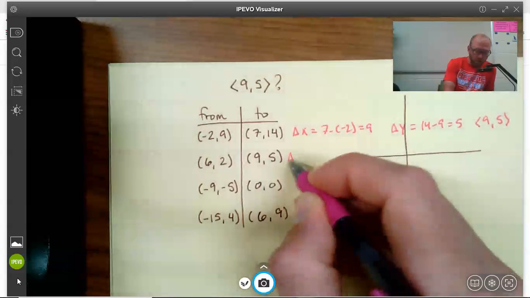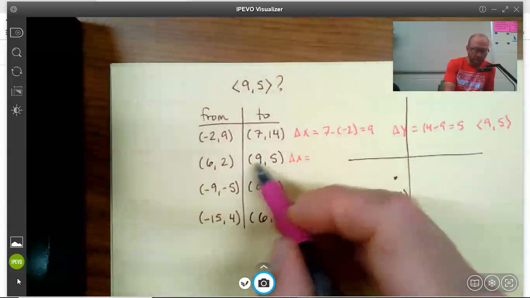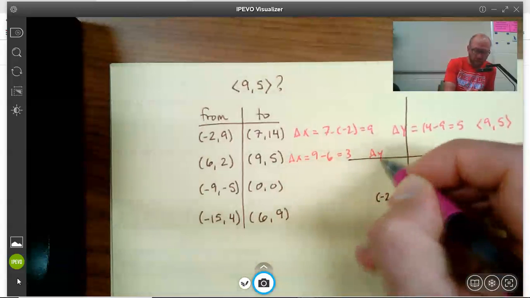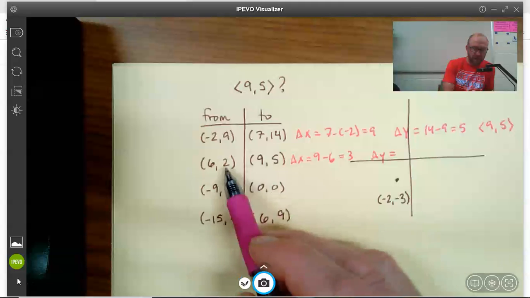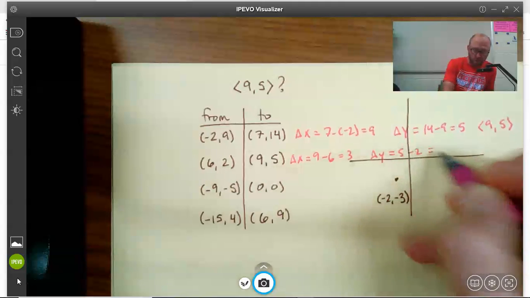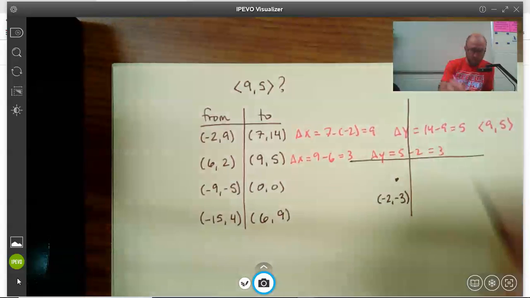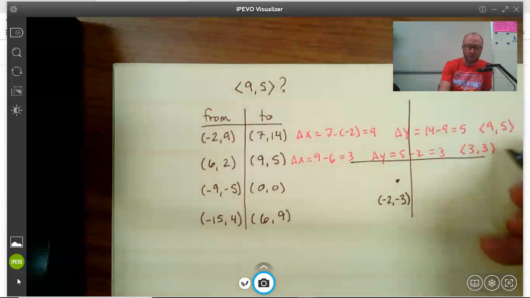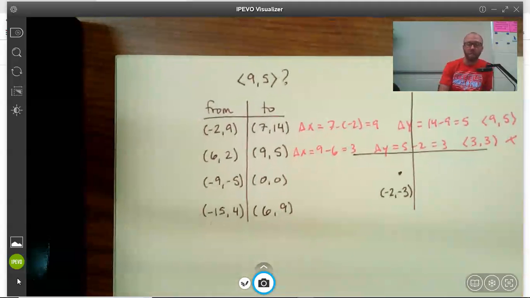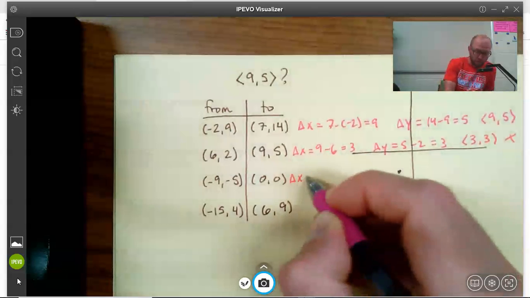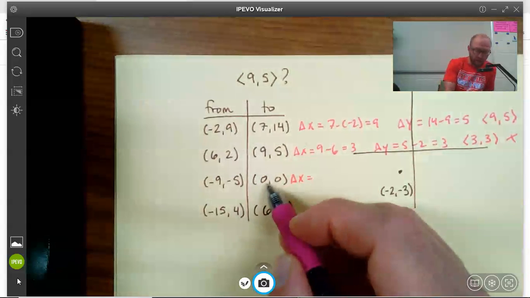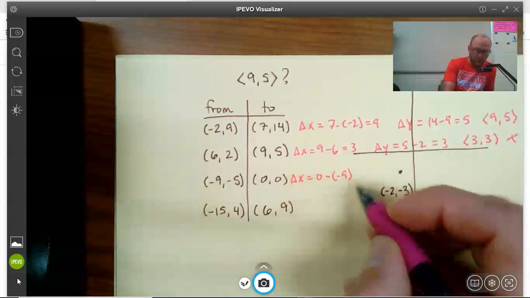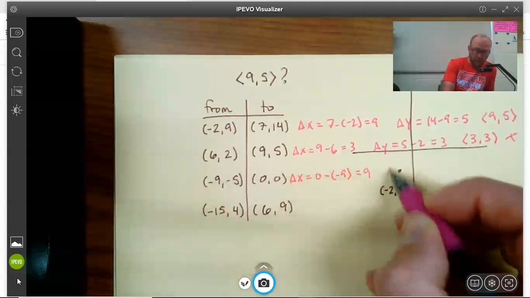Take this point here. Our horizontal change is 9 minus 6, which is 3. And our vertical change is 5 minus 2 equals 3. So this represents the vector ⟨3, 3⟩. So not the ⟨9, 5⟩ that we were looking for. Here, if we ended at this point here, it's 0 minus -9, which equals 9.